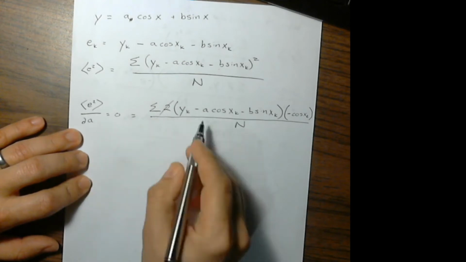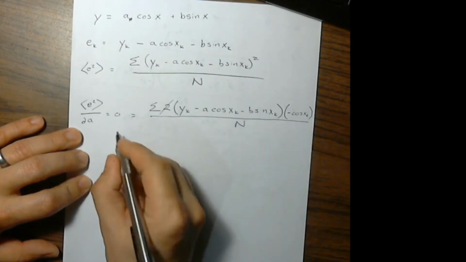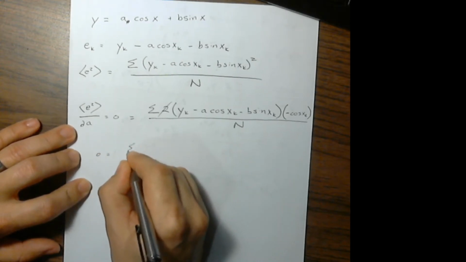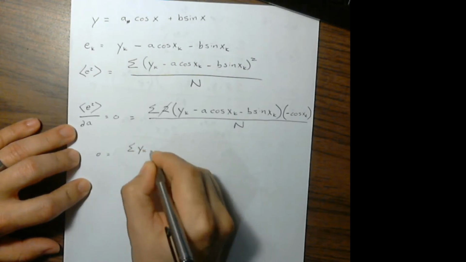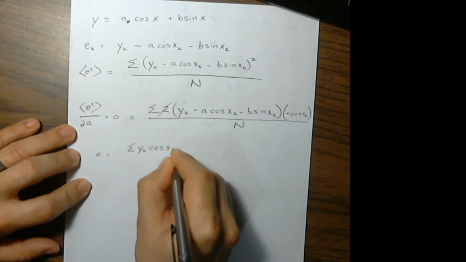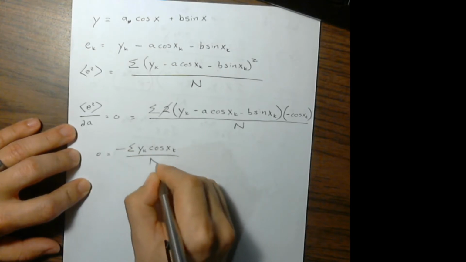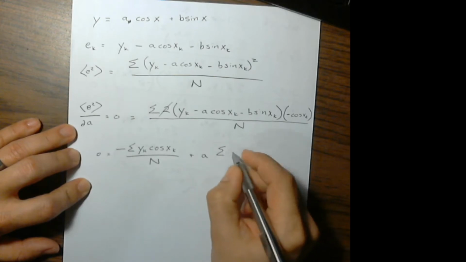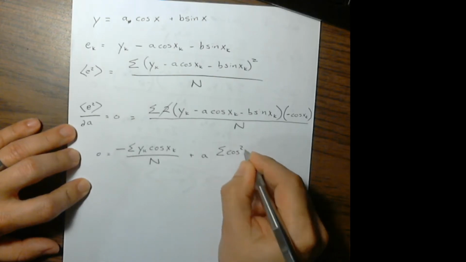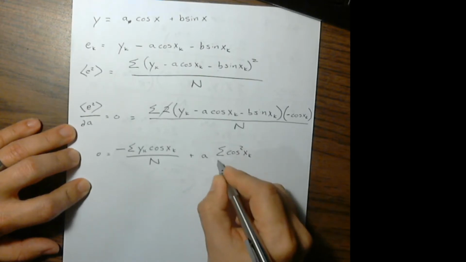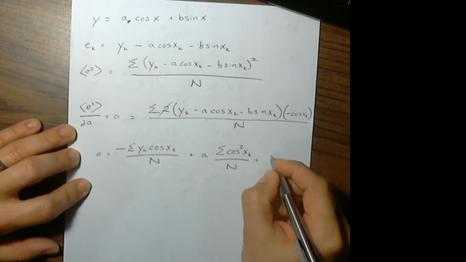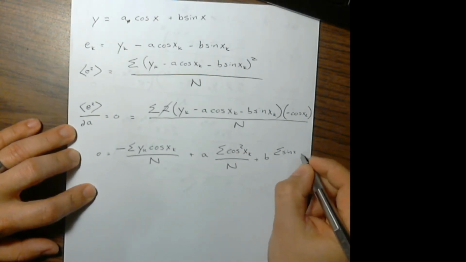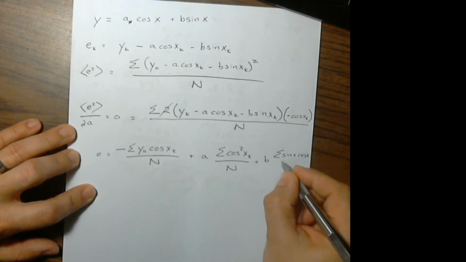Now if I distribute the cosine and distribute my summation, here's what I'm going to get: 0 is equal to... I'm out of room.